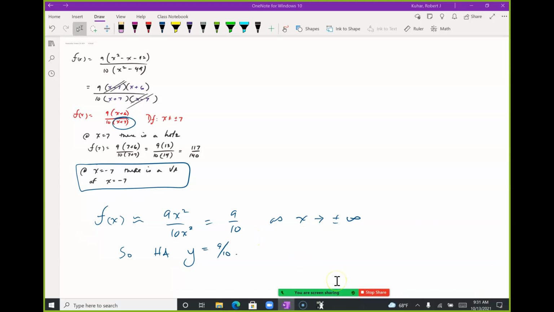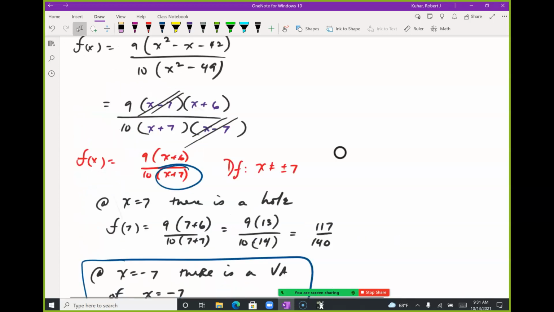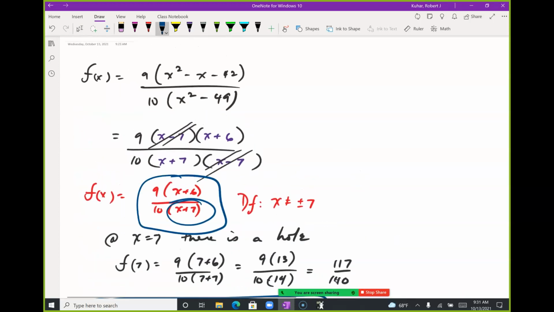And then the intercepts, I think it's 0, 0. So intercepts are going to come from: let x be 0 for the y-intercept, let the numerator be 0 for the x-intercept.